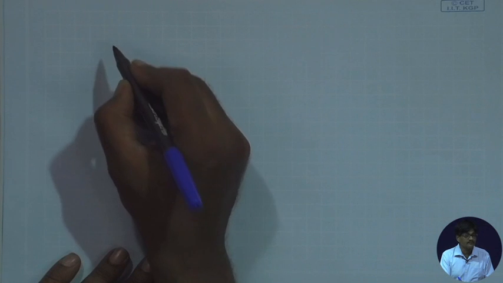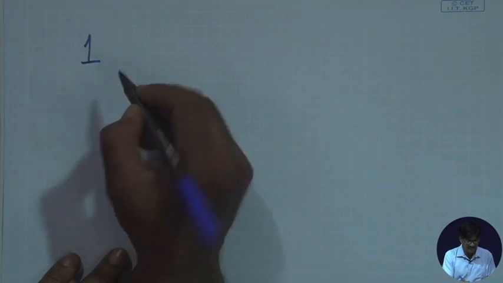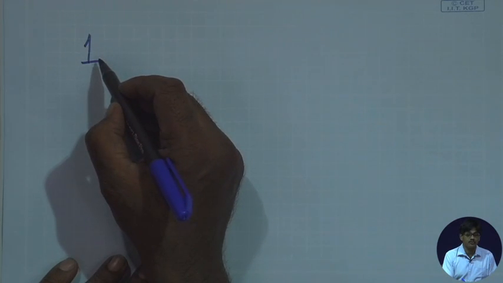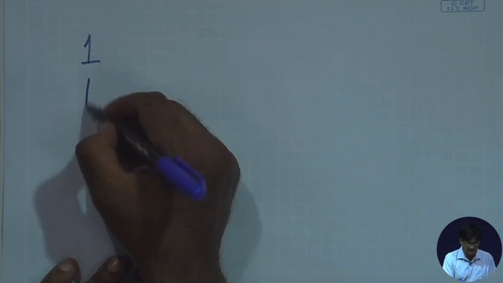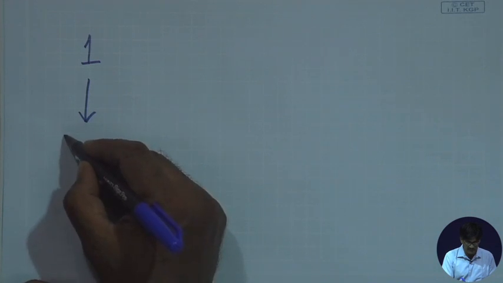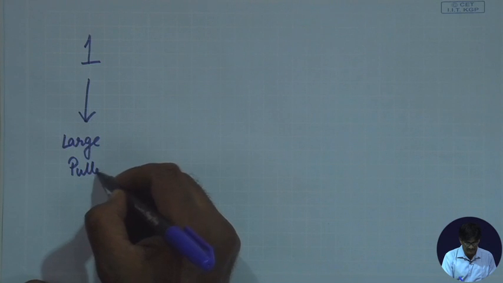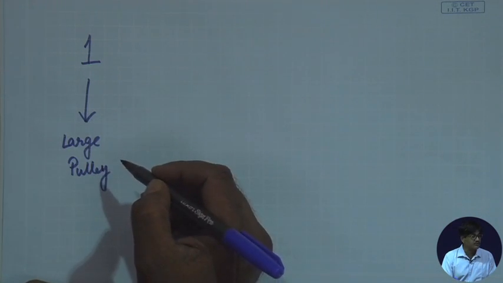First of all, one reciprocation of the cutter equal to one rotation of the large pulley. So, we write large pulley. We are talking about rotations, that is good.